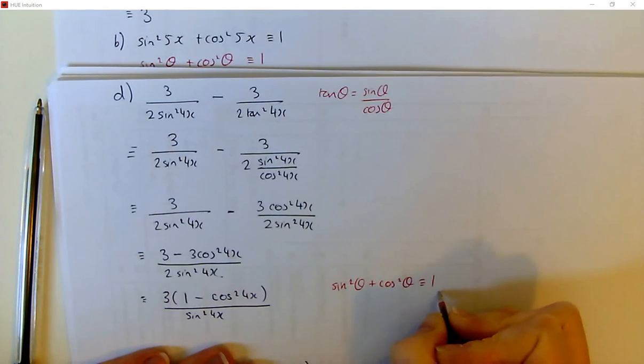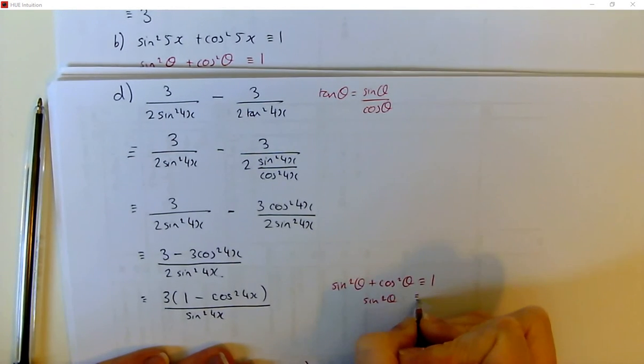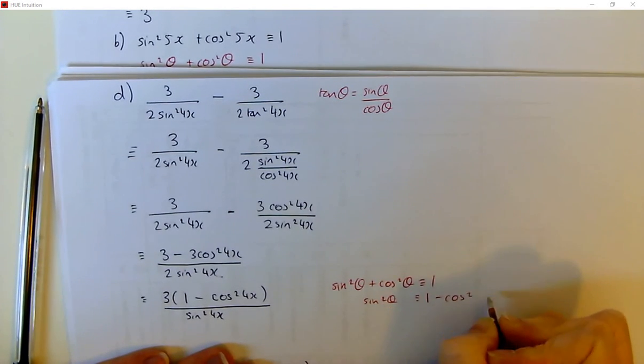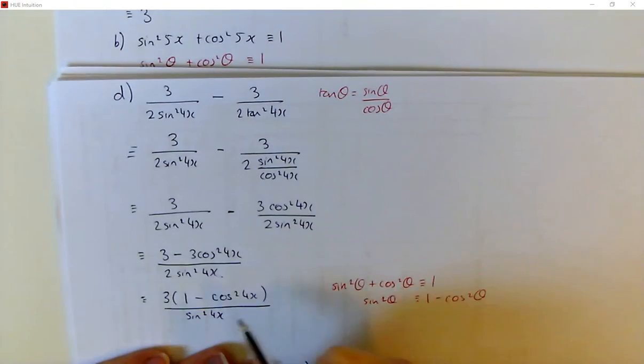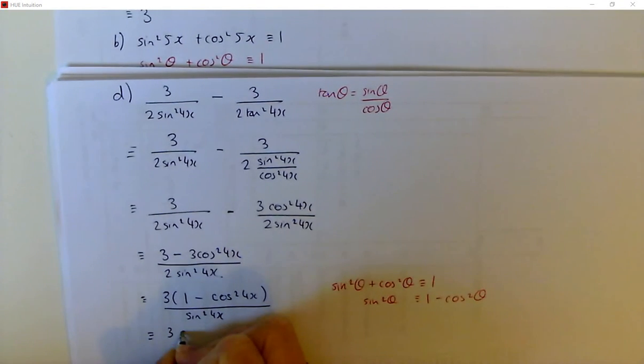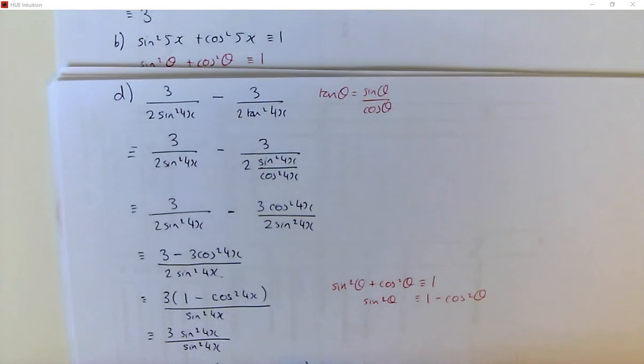So if I take away cos squared theta, then I get sine squared theta is equivalent to 1 minus cos squared theta. So this thing here is the same as sine squared theta, where theta is 4x. And so that is equal to 3, because the sine squareds cancel.